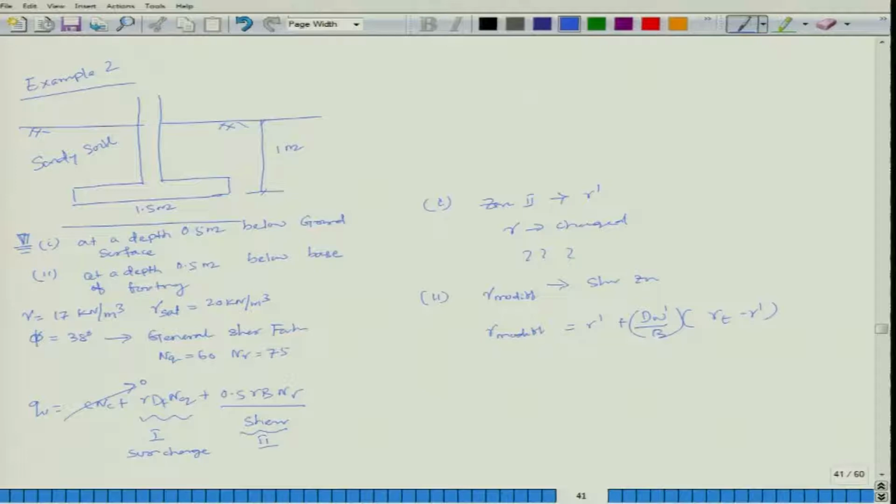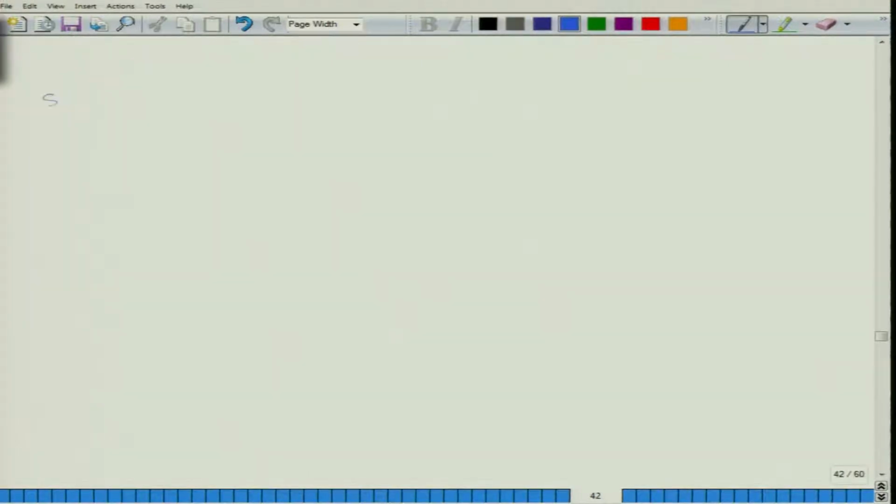Now, besides Terzaghi's bearing capacity theory, there are also other theories available. So, Skempton has given a bearing capacity analysis for clay soils. Applicable for saturated clay, these are his empirical relations.